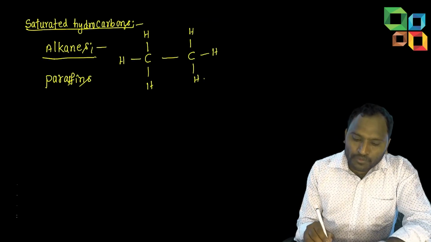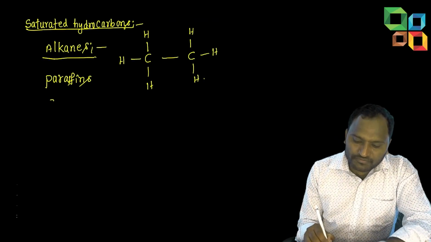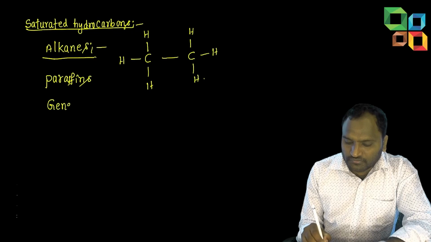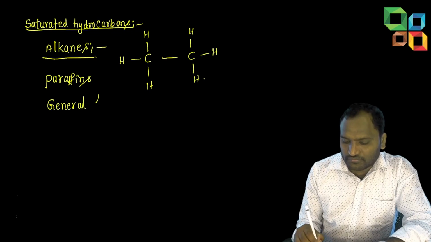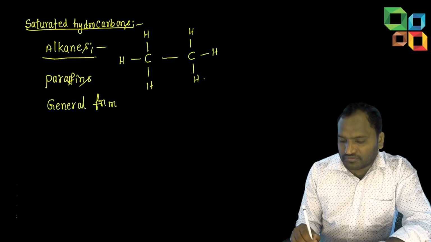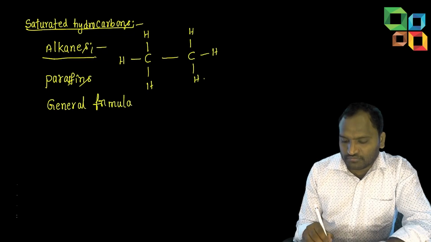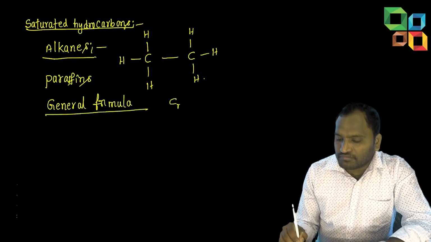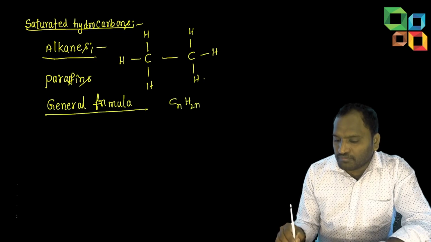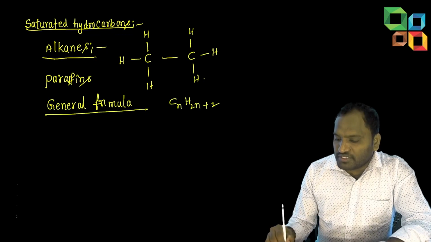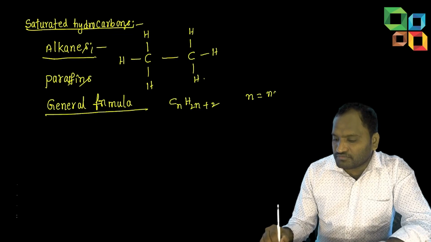One more thing. What is the general formula of alkane, students? CnH2n plus 2, where n is the number of carbon atoms.